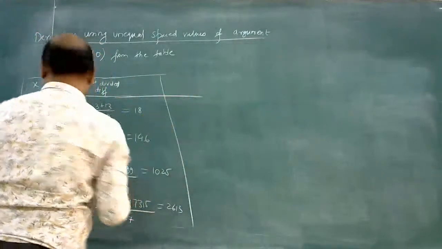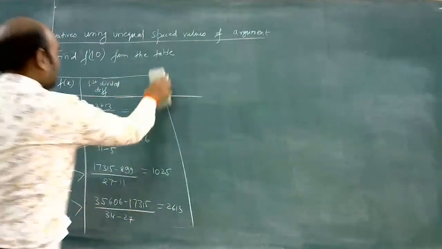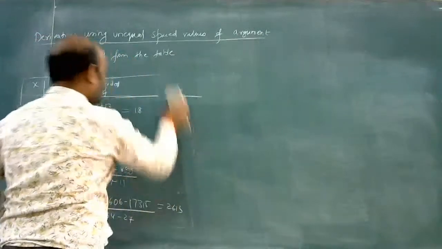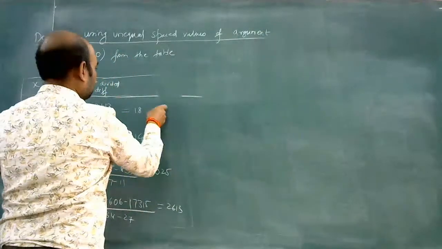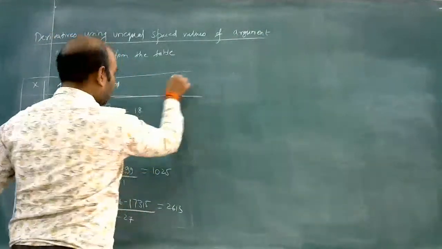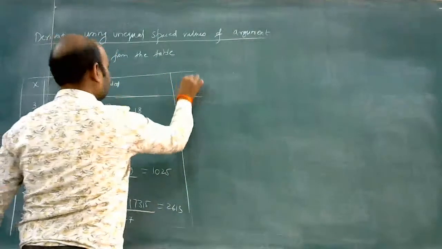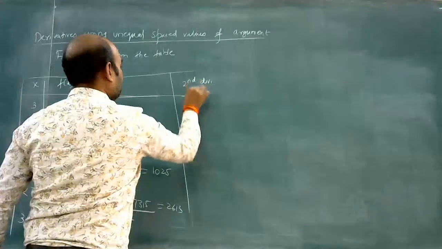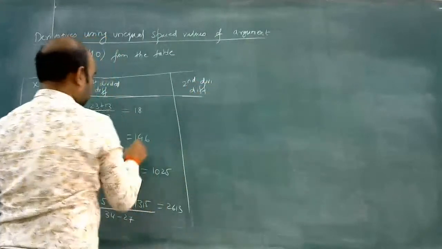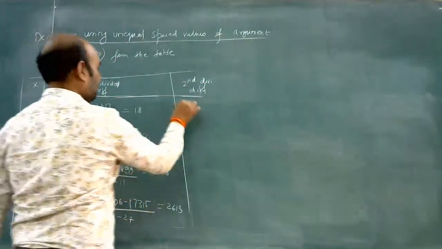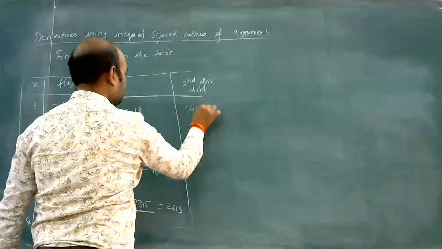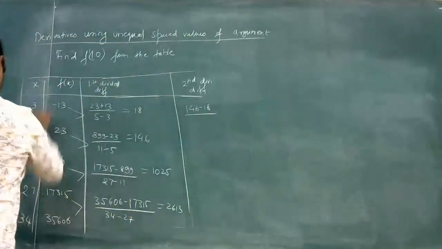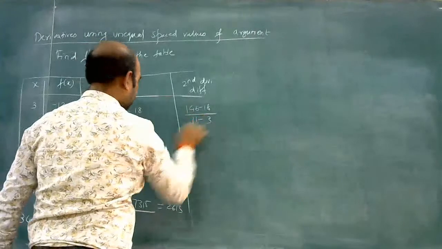Then the second divided difference will be 146 minus 3 divided by 11 minus 3.